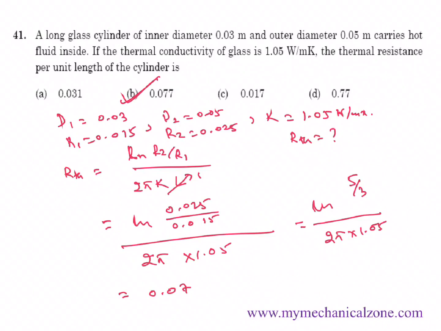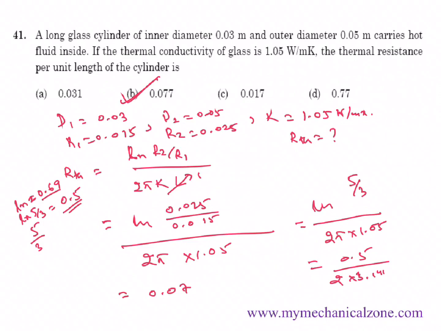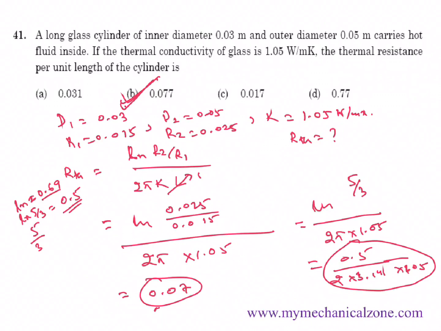The ln value: ln 2 is 0.69, so ln 5 by 3 is 1 point something less, it will be about 0.5. Then with approximation you put 0.5 by 2 pi, that is 6.28, into 1.05. If you put the approximation, you will get this answer. B is your correct answer.